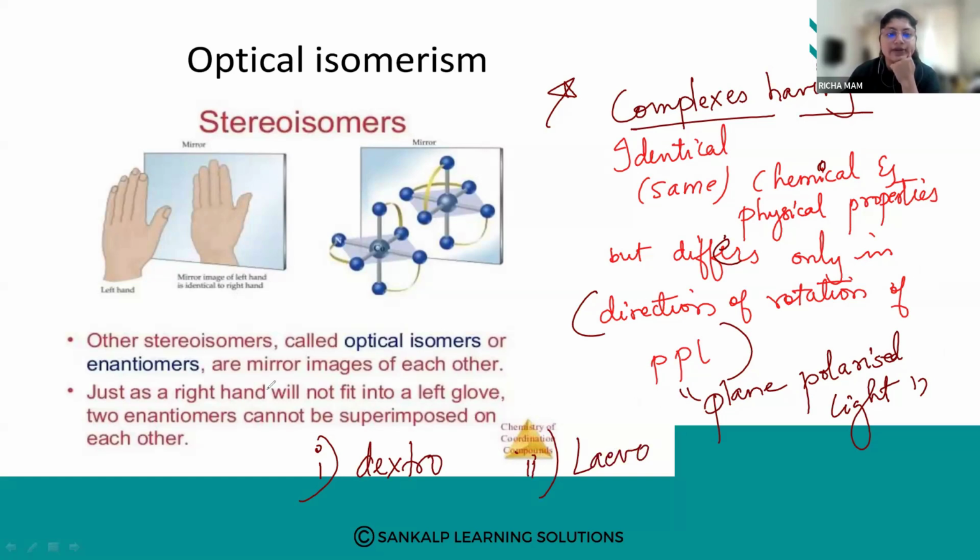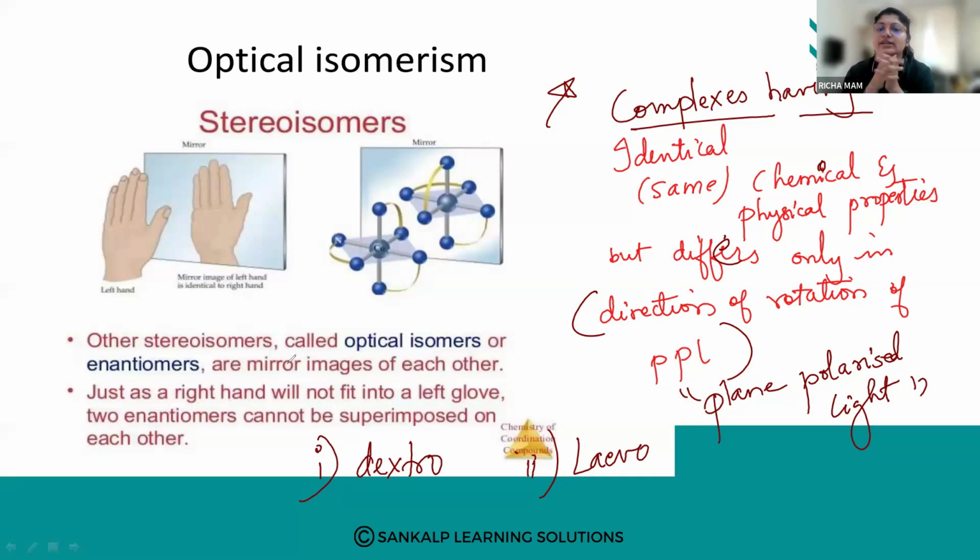Whenever you have optical isomers, if you take your two palms and take the mirror image and try to impose one on another, is it superimposable?